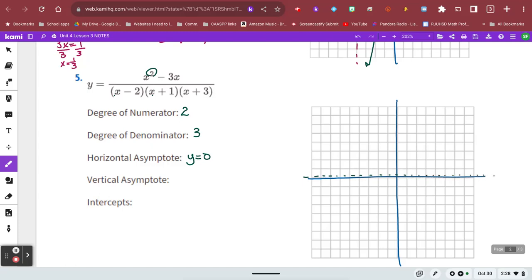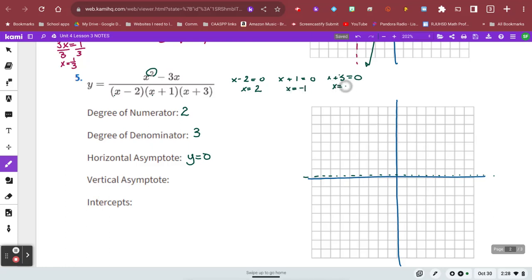And we're going to do the vertical, meaning we're going to set each one of those denominators equal to 0. Yep, I know. We're going to have 3 of these. That's a lot. And so we just do the opposite. We're going to add 2. We're going to subtract 1.